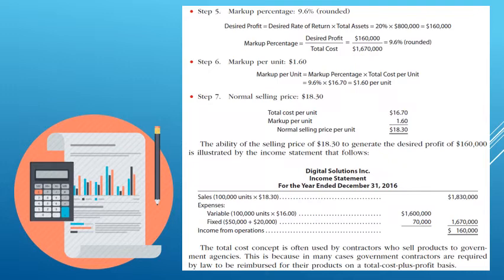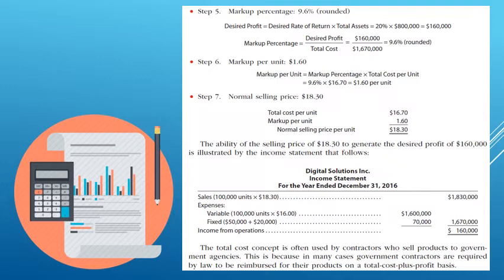So the 6th step is the markup per unit of $1.60. So in getting that, we have 9.6% as the markup percentage multiplied by the total cost per unit, which is 16.70. So a total of $1.60 per unit.